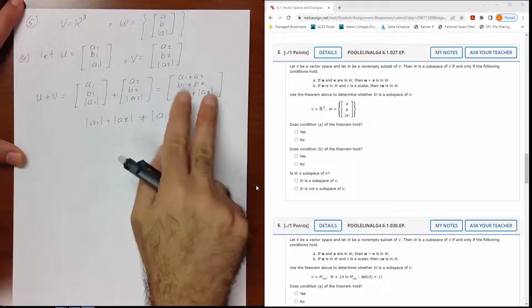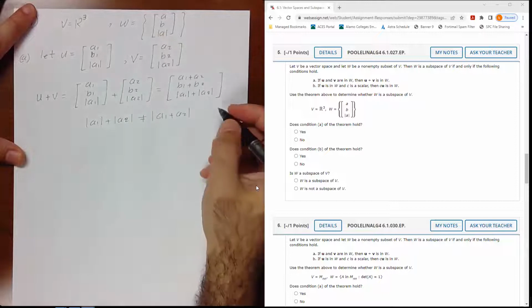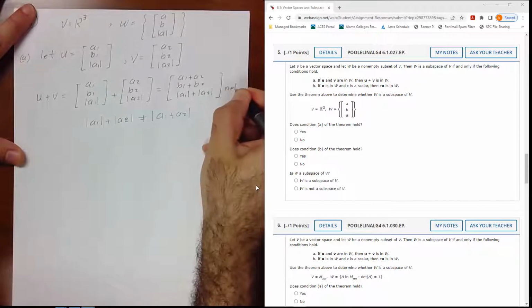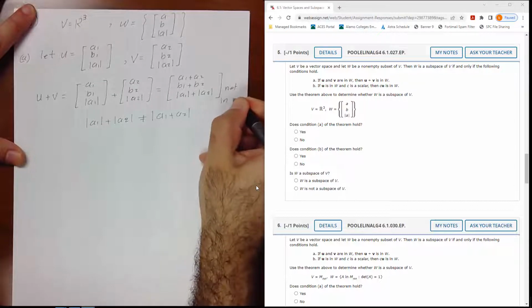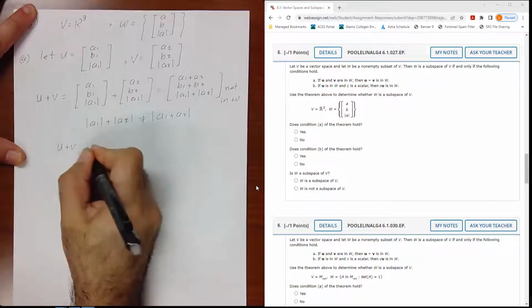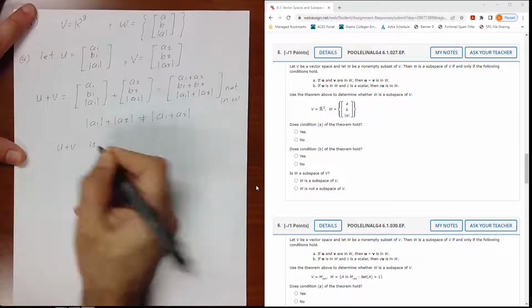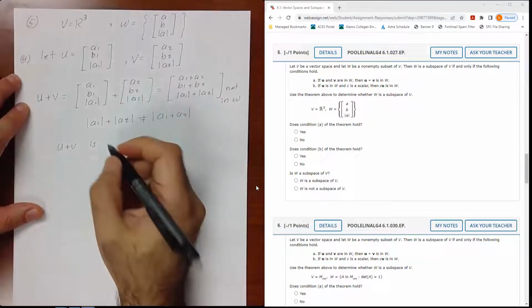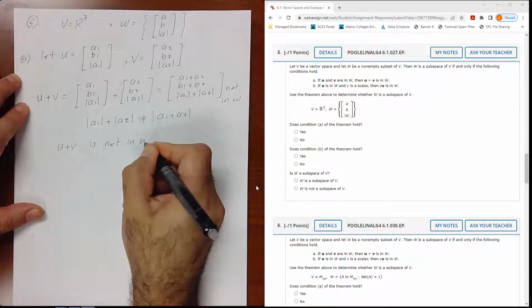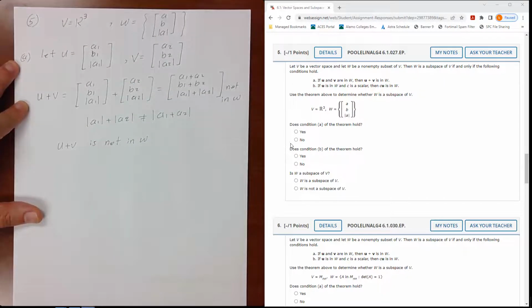That's why this one is not exactly like the vectors in W. So U plus V is not in W. So the first condition is not satisfied. So we can say no.